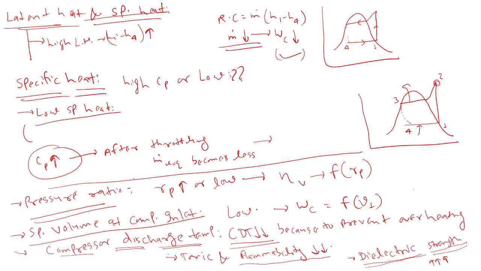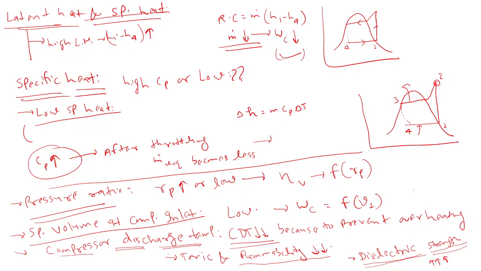Let's suppose some part of enthalpy is there, some heat delta H, that is going to convert to m, Cp and delta T. Some delta T is there.